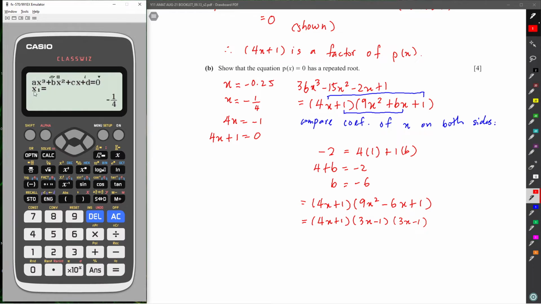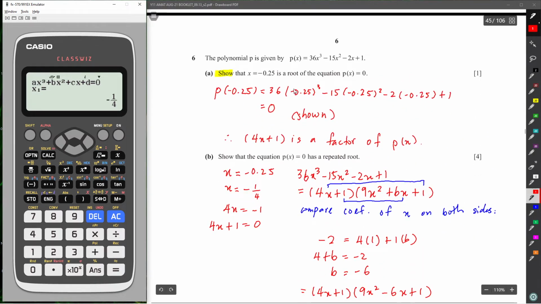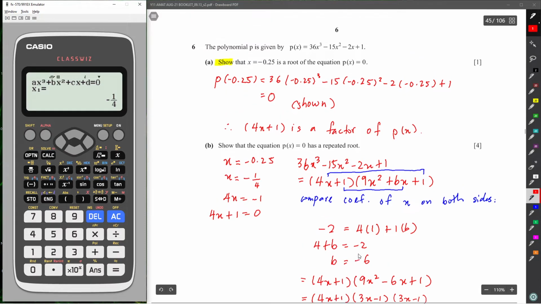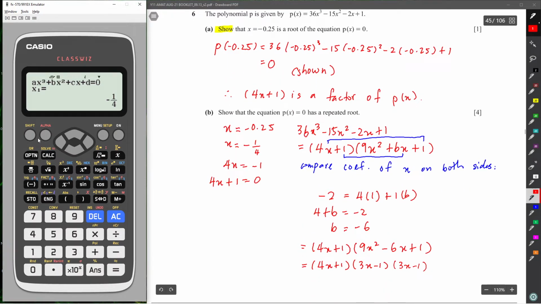Okay, so my x1, my first root will be x equals -1/4, which we have shown in our 6a here. It can be written as 4x plus 1, if you have to express this as a divisor. Now next, you can see here x2. The other bracket will be 1/3.